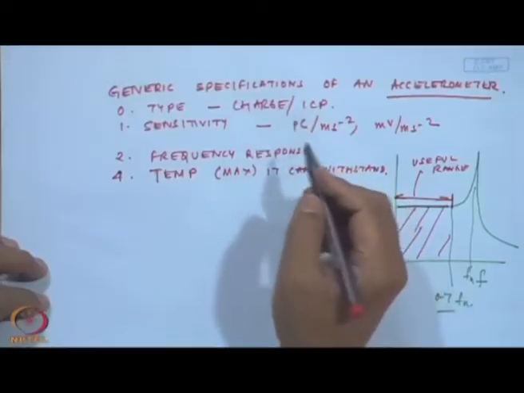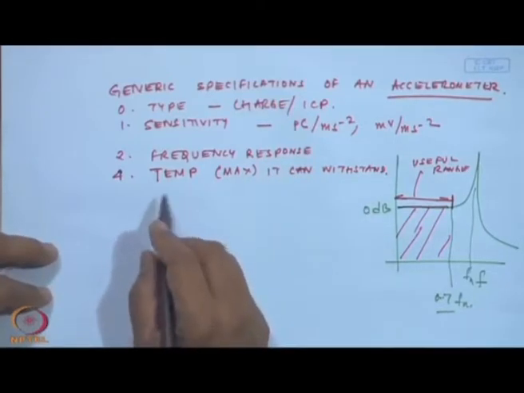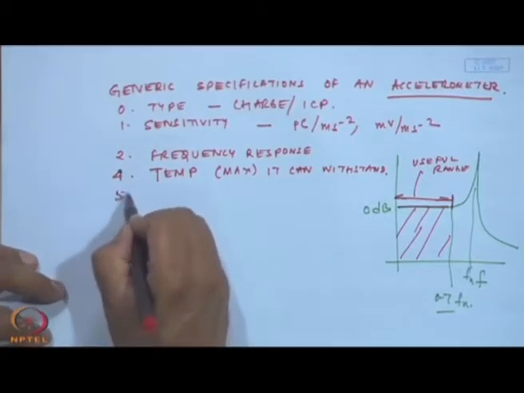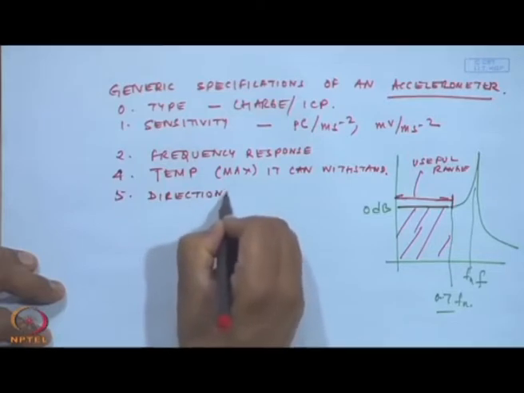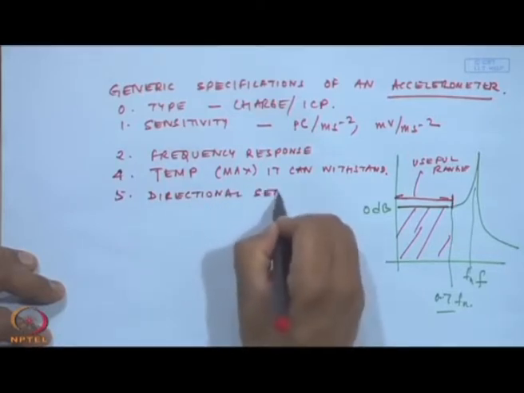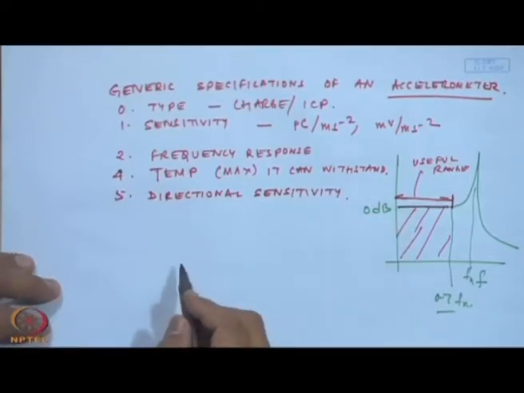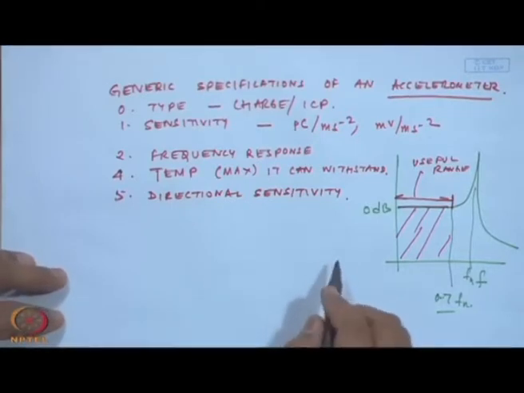You should know from the manufacturer whether the accelerometer can be subjected to such a high level of temperature. Then the directional sensitivity, whether the accelerometer is sensitive to which direction. So, we have to mount the transducer in the direction to which it is highly sensitive.